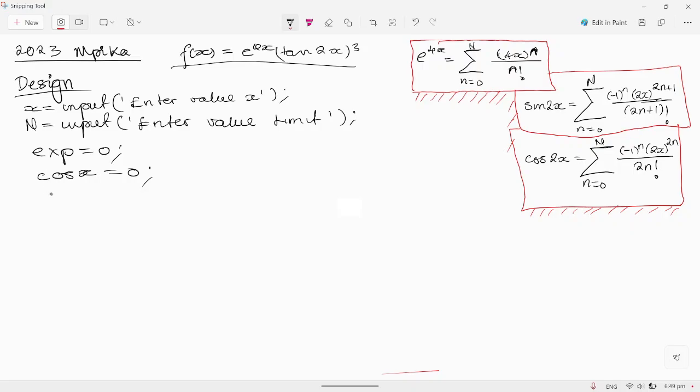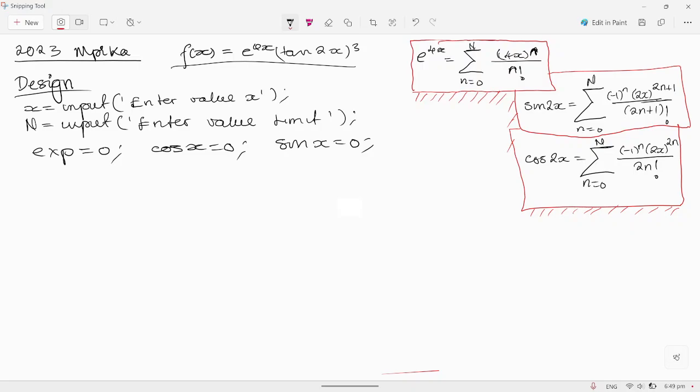Then sine. I'm worried about space. Cos x is equal to 0, sine x is equal to 0. I like that, so that we have a little bit of space. And the different case here is that we are going to need a variable that is going to work as a loop breaker.